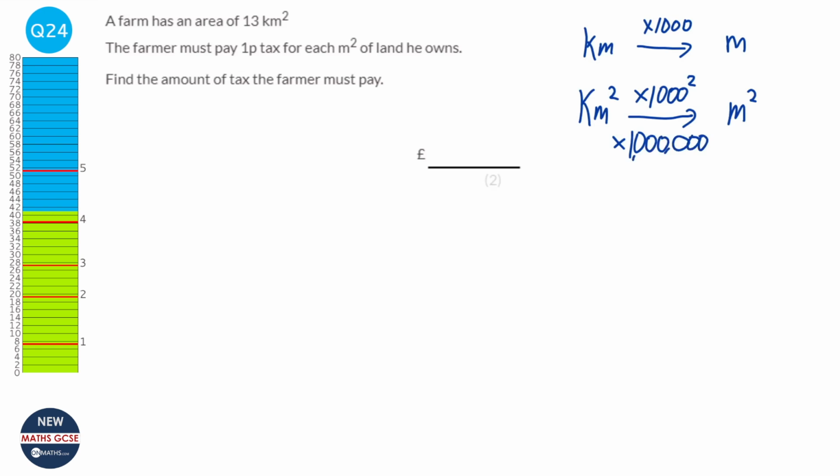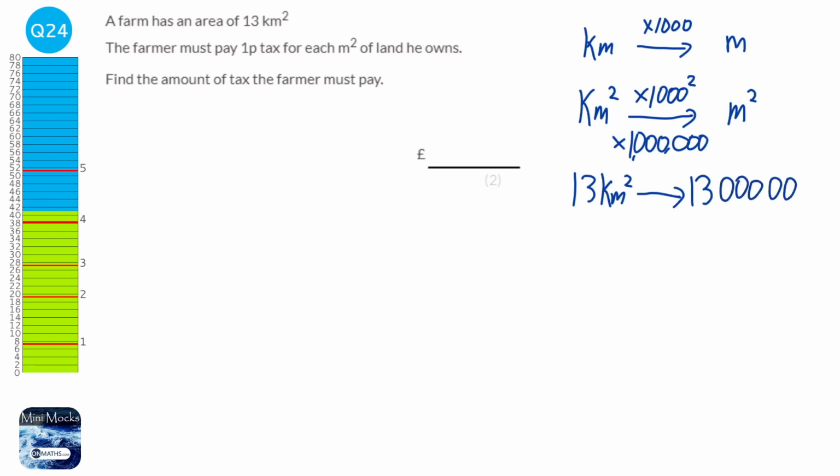So 13 kilometres squared is going to be the 13, times by 1,000,000. So 1, 2, 3. 1, 2, 3. So it's going to be 13 million. Now, it says here the farmer must pay 1 pence tax for every metre squared. So this is going to be 13 million metres squared.